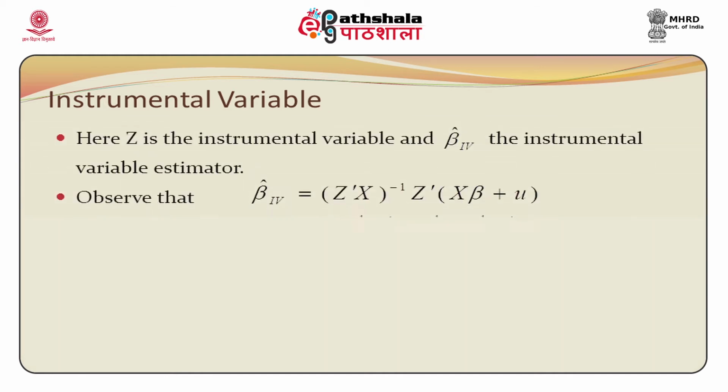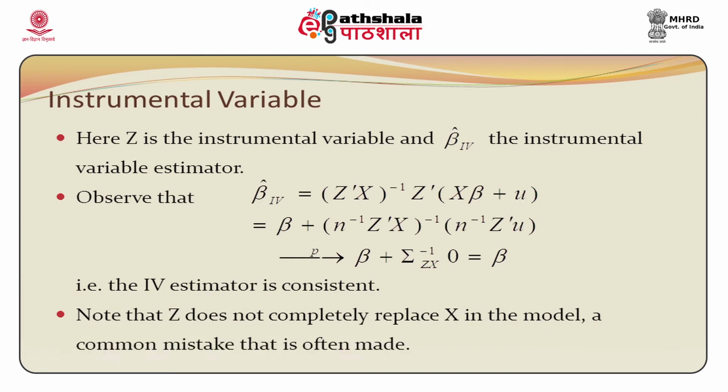And if you want to check whether this is consistent, you replace your y by X beta plus u, and then the first term actually gives you beta, and the second term would be ((1/n) Z'X) inverse times (1/n) Z'u. Of course, we can insert the n because we have an inverse in the first and just 1 by n in the second, so that would cancel off.